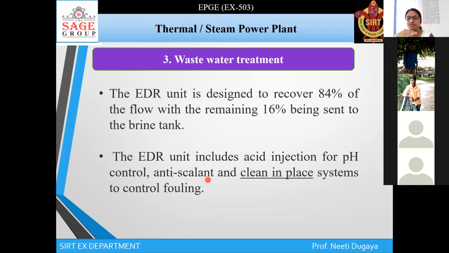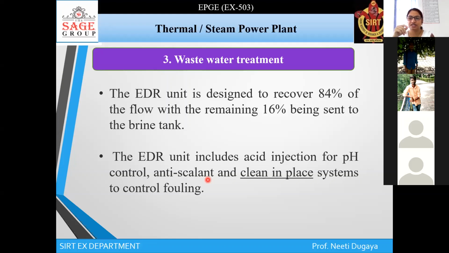Some scale rests at the bottom of my water heater. So we need to clean that again and again after a few months, and that scale can be taken out while we service that particular thing.